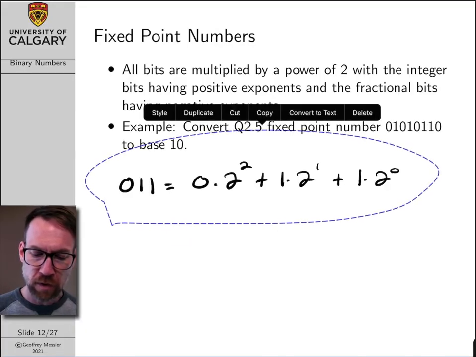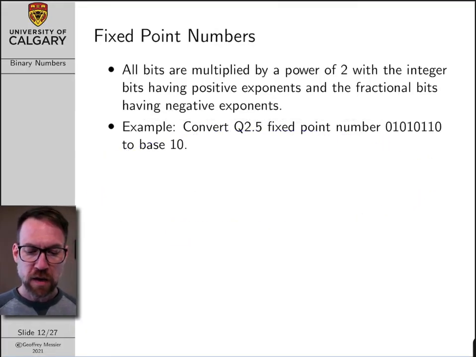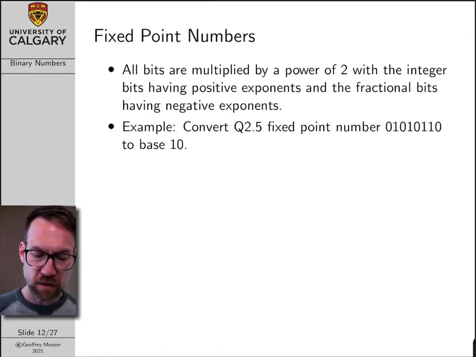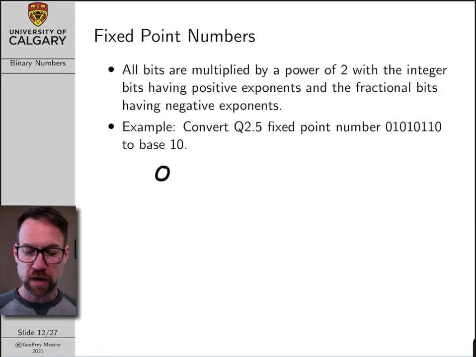It's pretty straightforward. In this example, we have a Q2.5 fixed point number, 01010110, and we want to convert it into base 10. Again, just a review of what this Q notation means. It means the first bit is the sign bit, so the 0 is the sign bit.